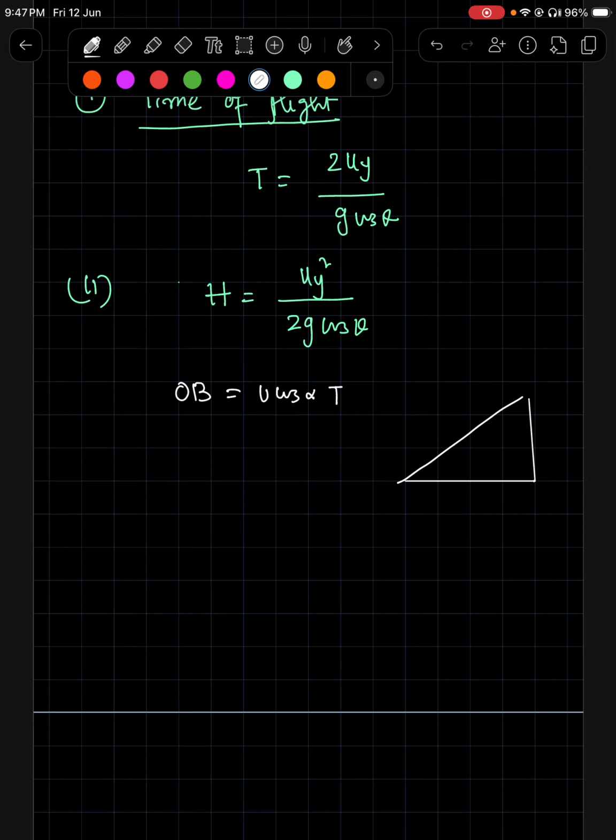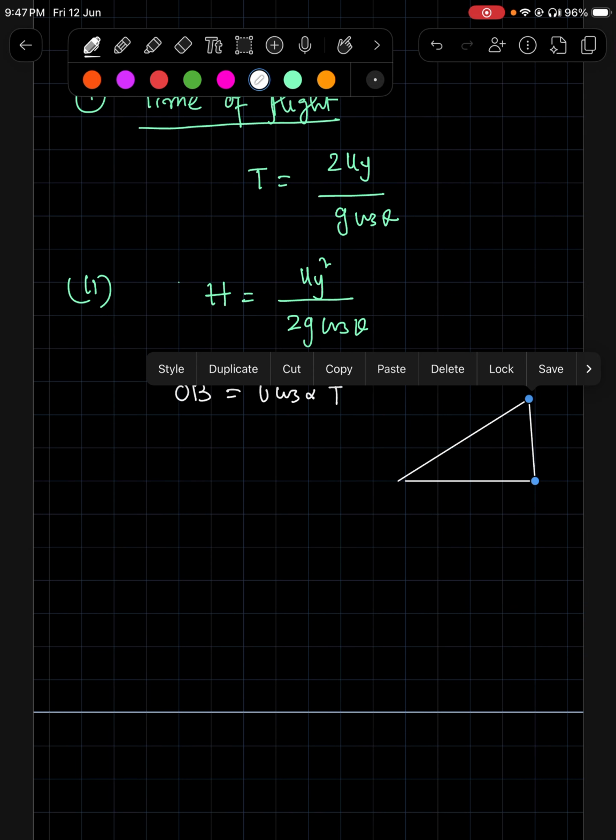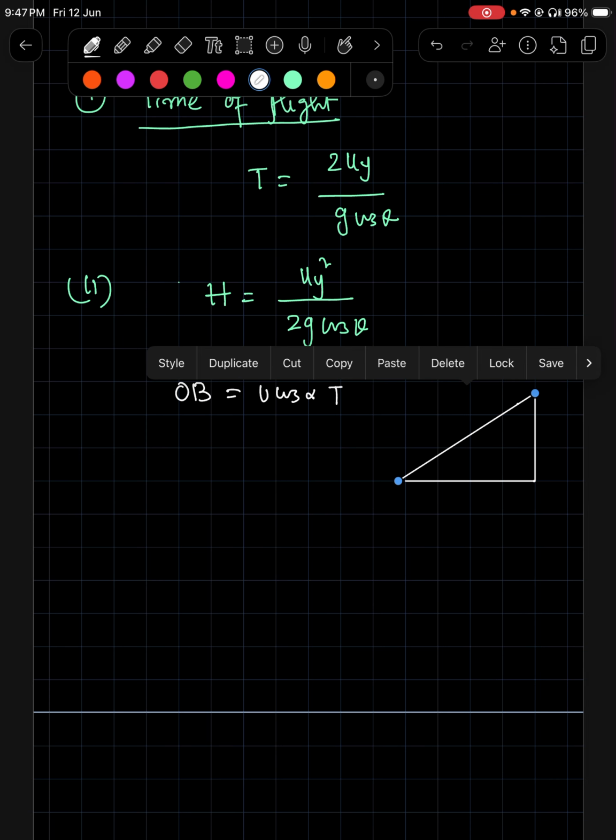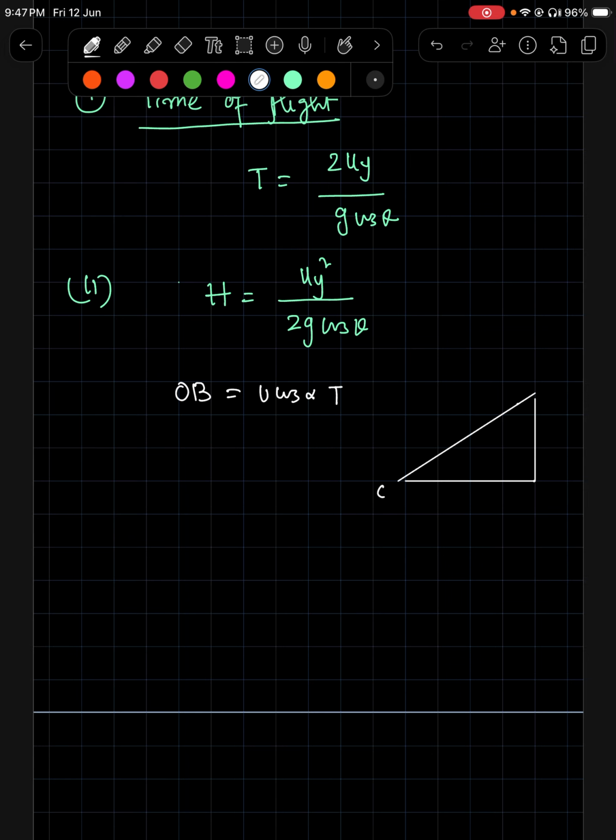This is the right angle triangle, this is O, this is A, and that is B. OB we have already found, u cos alpha into T. And this is the range, and that is theta.